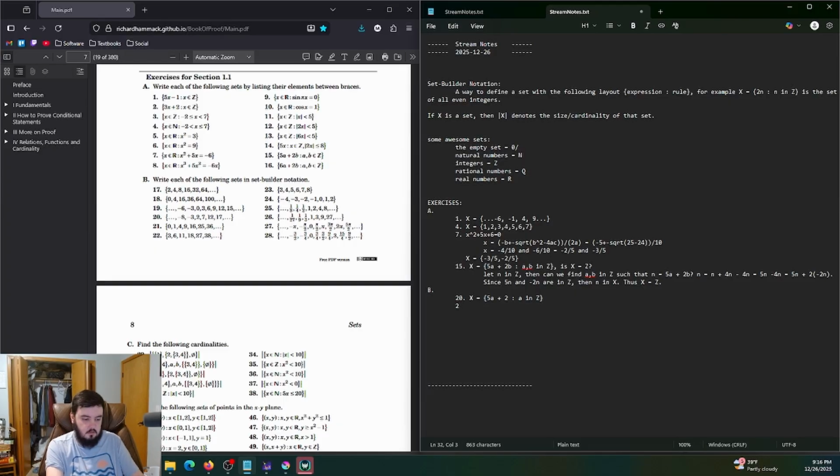Let's do 27. Let's do 28. The one with pi. Screw it. Let's do 27. We gotta work the one with pi in it. Okay. That's 0, pi over 2, pi, 3 pi over 2, 2 pi. It goes 1, 2, 3, 4, and then it's being multiplied by pi over 2.